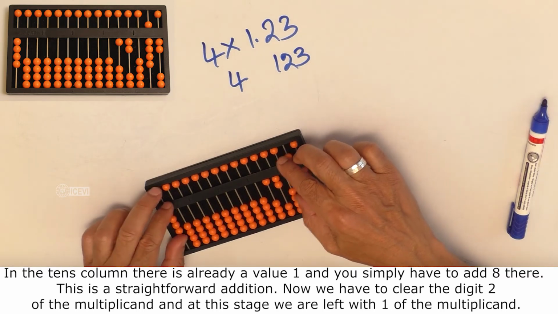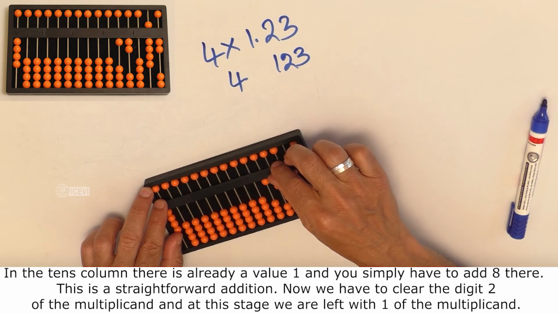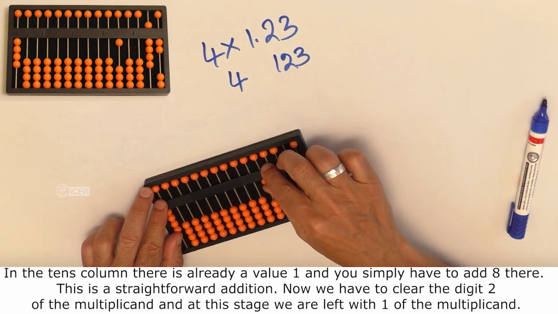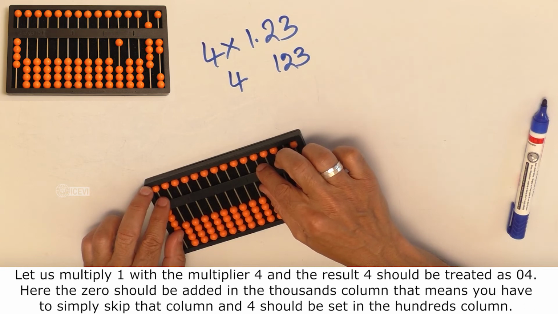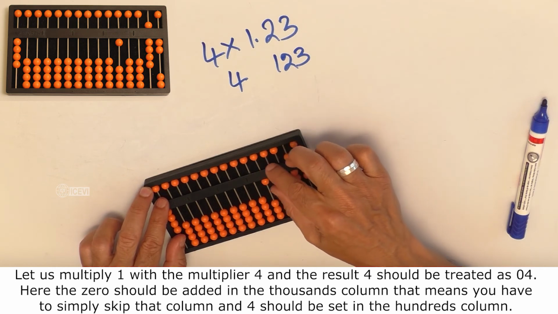Now we have to clear the digit 2 of the multiplicand, and at this stage we are left with 1 of the multiplicand. Let us multiply 1 with the multiplier 4, and the result 4 should be treated as 0, 4.